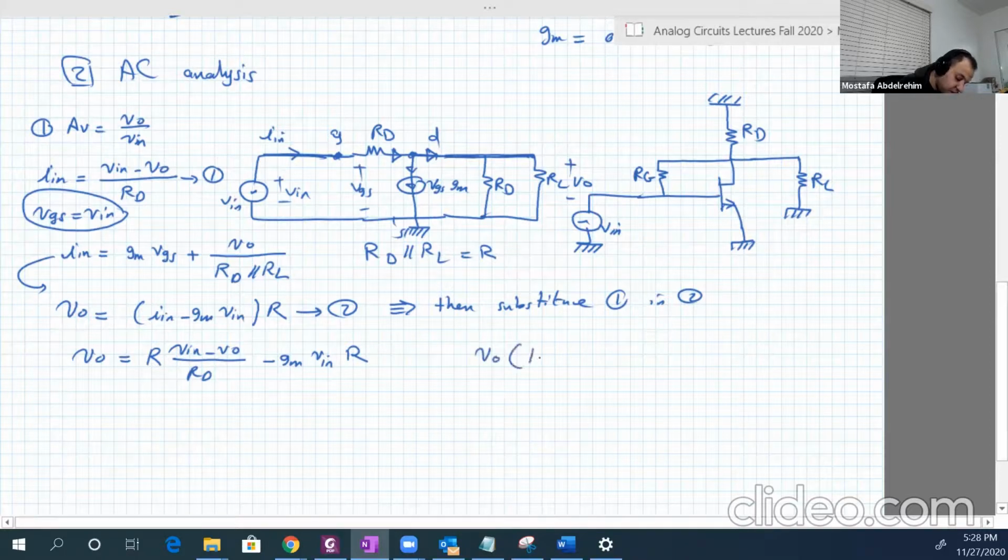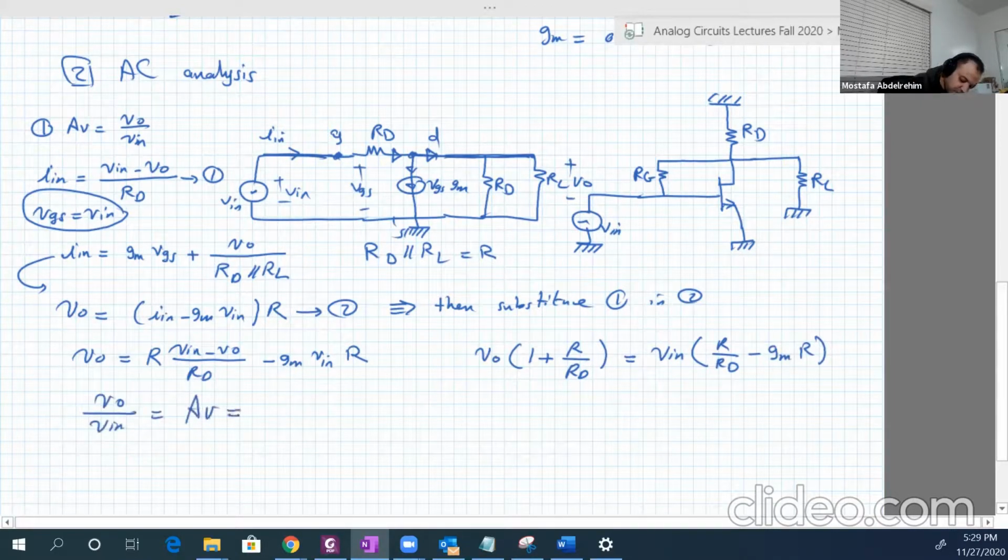So VO times 1 plus R over RD equals V input times R over RD minus GM R. Then we can divide now by V input. So VO over V input, which is AV, equals R over RD minus GM R over 1 plus R over RD.